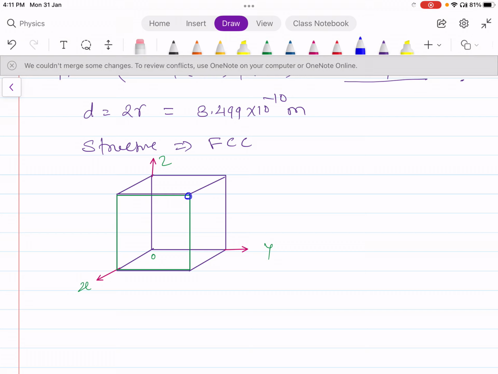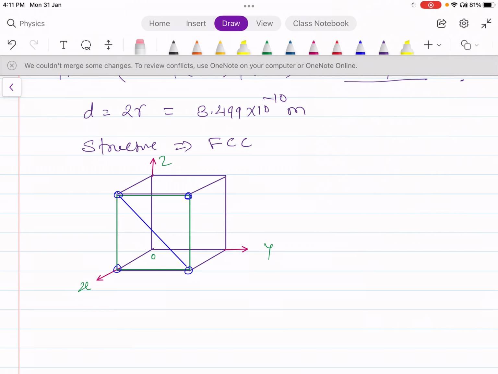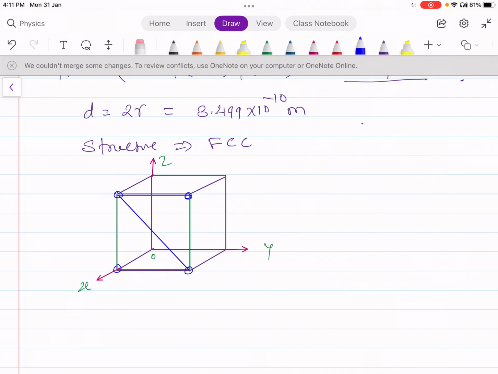In this plane, there are 4 atoms at the 4 corners, and this is the face diagonal, and along the face diagonal, atoms are in contact with each other. So maybe somewhere, this is the atom on the face diagonal, they are in contact with each other, because this is an FCC structure.